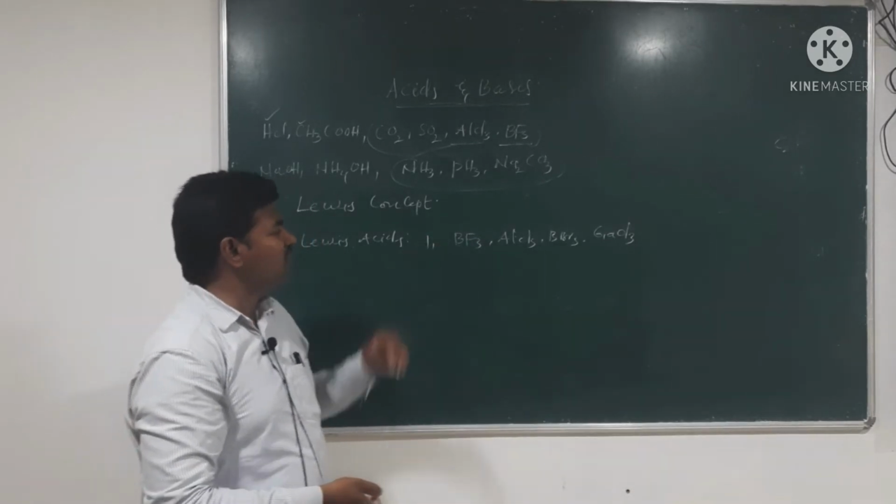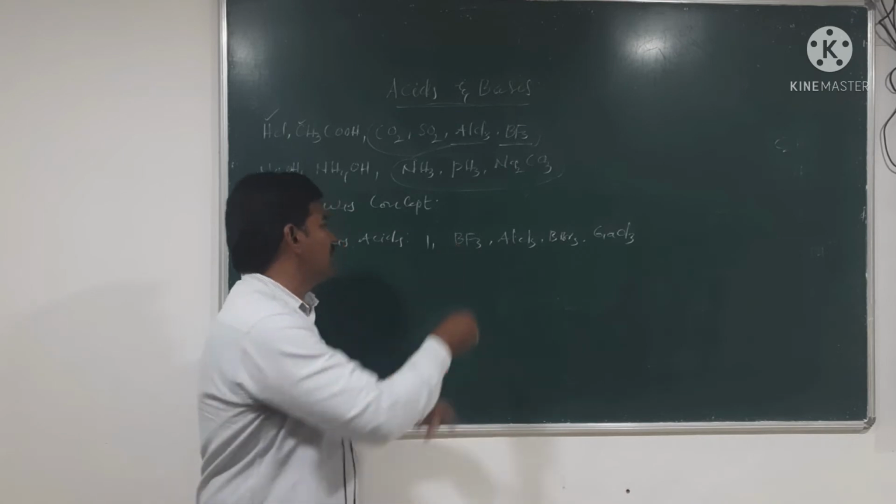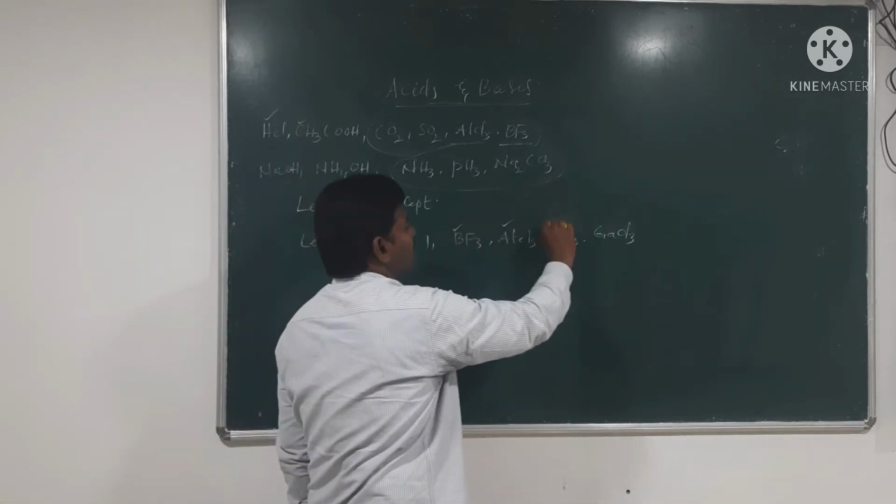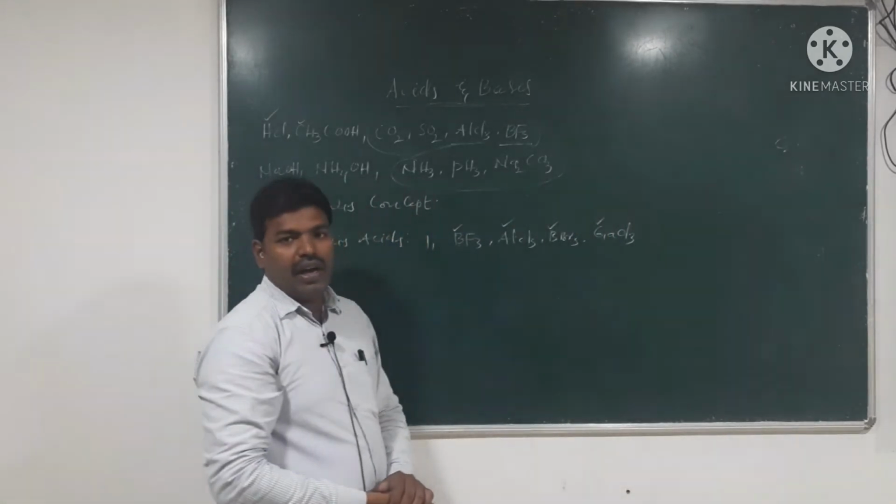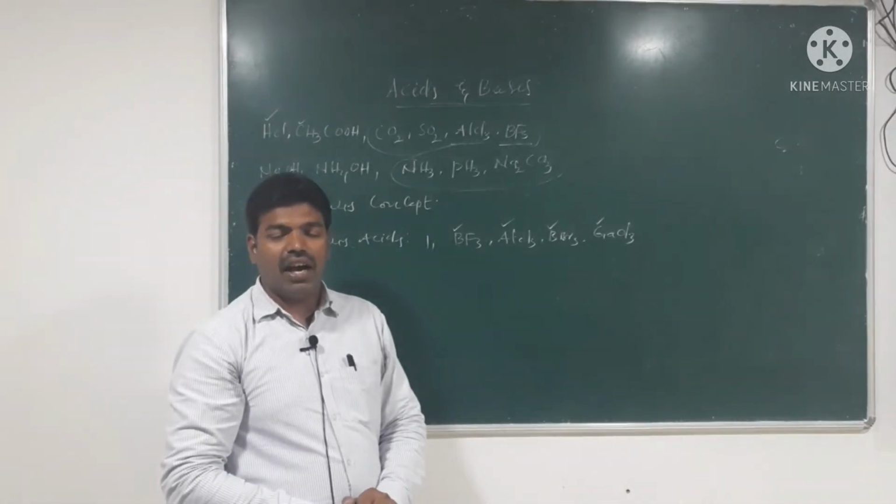These are compounds in which the central atom, boron, aluminum, or gallium, has an incomplete octet.